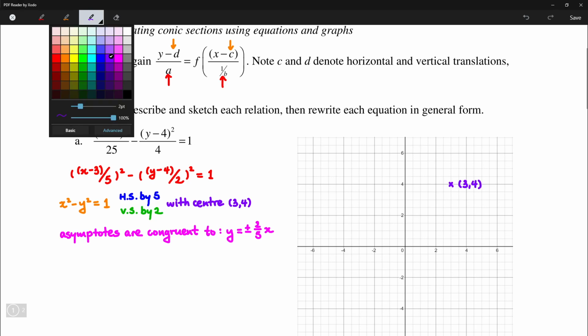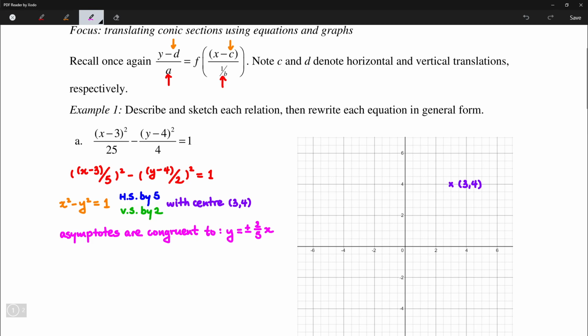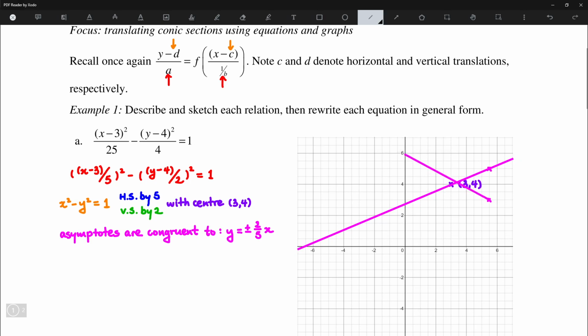Next, we'll use the slope of the asymptotes to draw those in. And also the negative one.